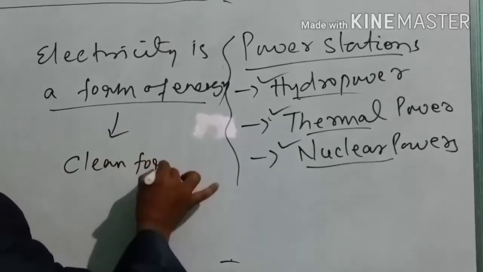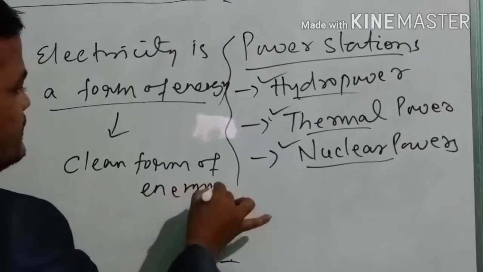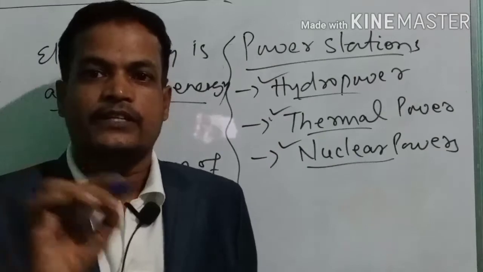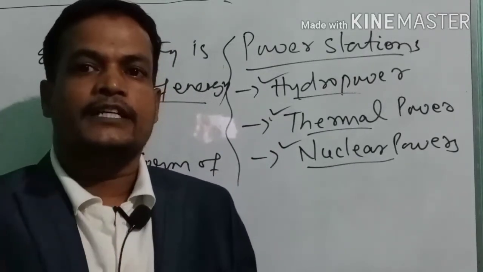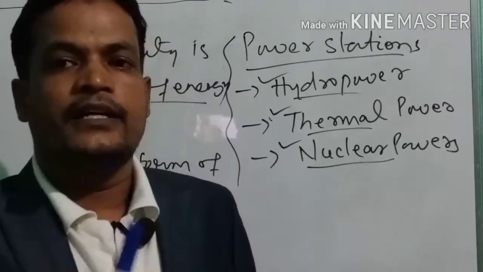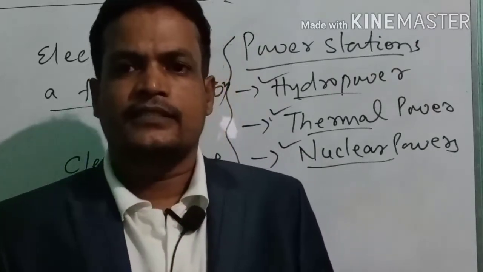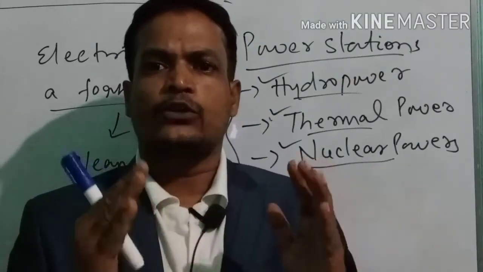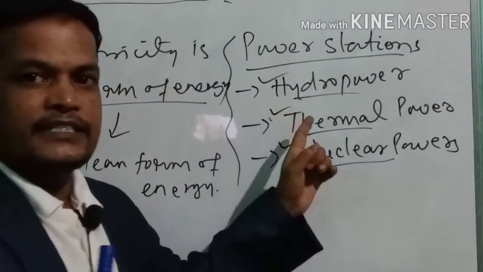Why is it a clean form of energy? Because it doesn't create any pollution, no environmental pollution by using the electricity. And every day we see that everywhere the electrical appliances and electronic appliances, both are run with the help of this electricity.